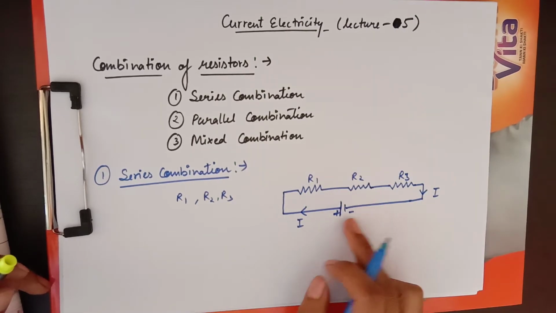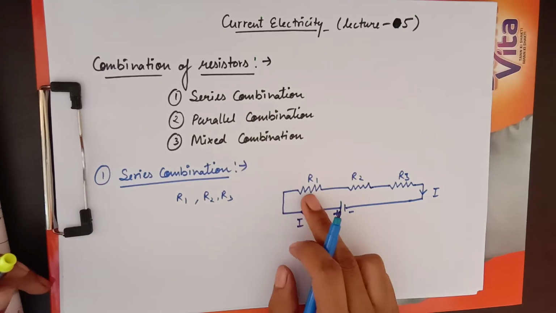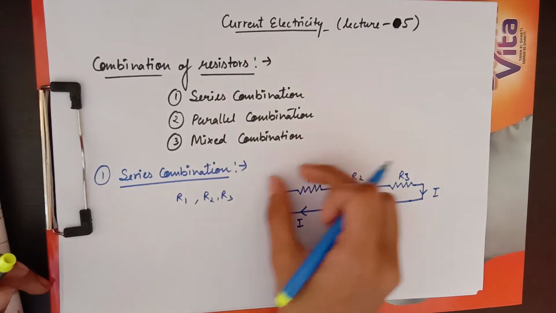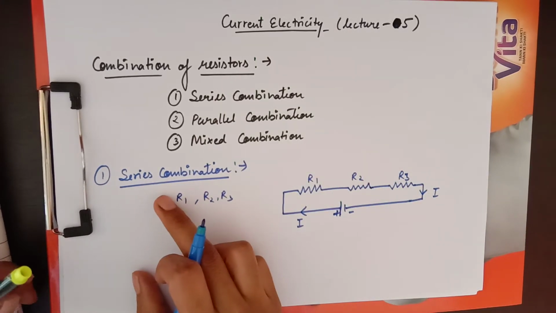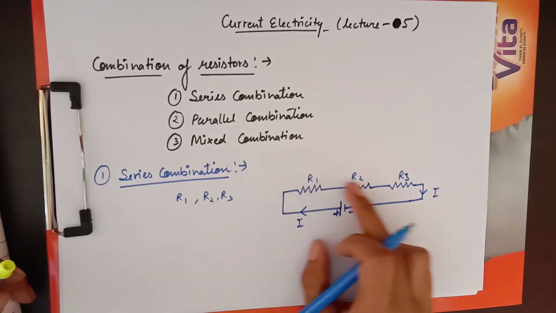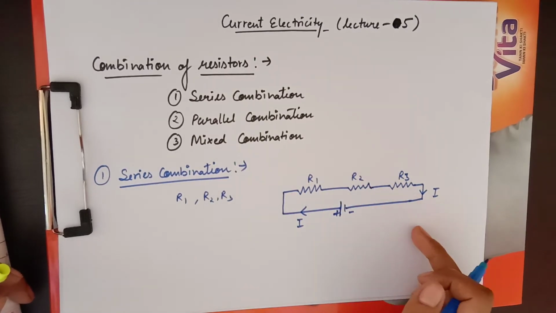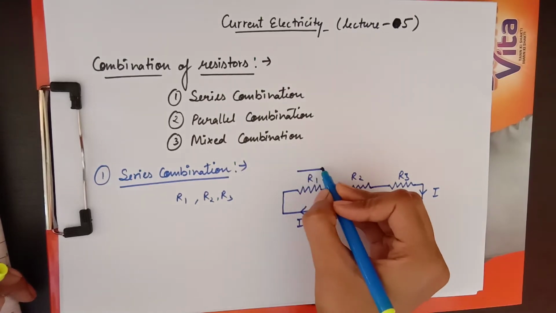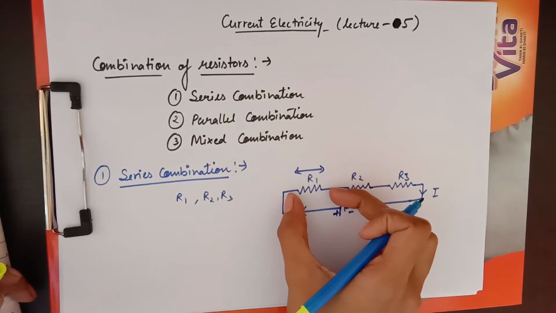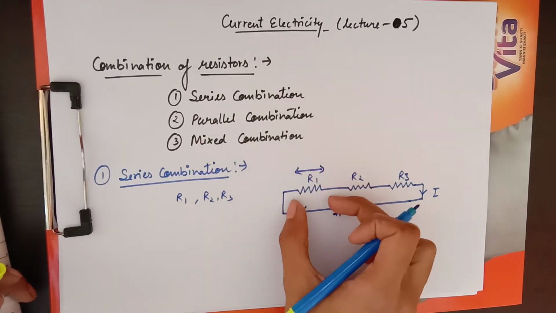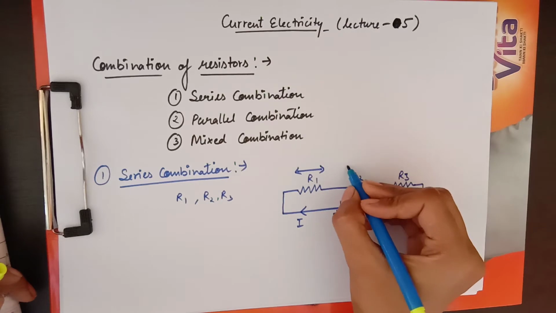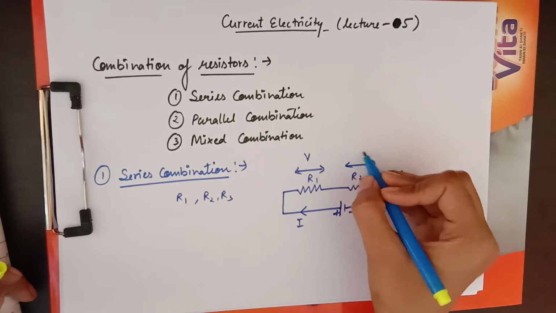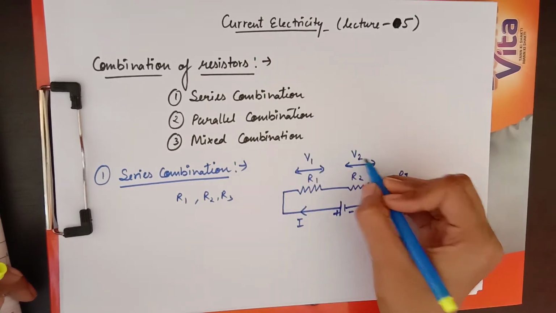In a series combination, the value of current for this resistor as well as this resistor remains the same. So you can see that in series combination the value of current remains the same for each resistor. But when you see the potential difference across each resistor, suppose you connect a voltmeter across this resistor and another voltmeter across this resistor, then the potential value will be different for these two.